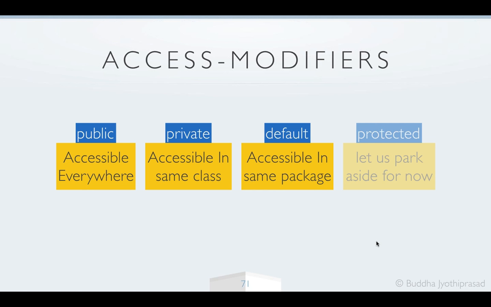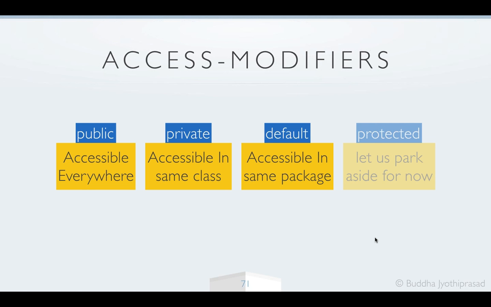I think I have already introduced this topic to you. When we say public, all the methods or variables that are marked as public can be accessed outside of that current class. If you mark variables as private, they won't be accessible outside that class, so only that class and that class's methods can access those variables and methods.